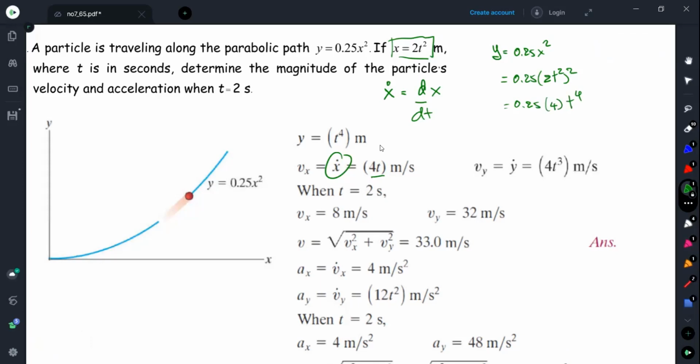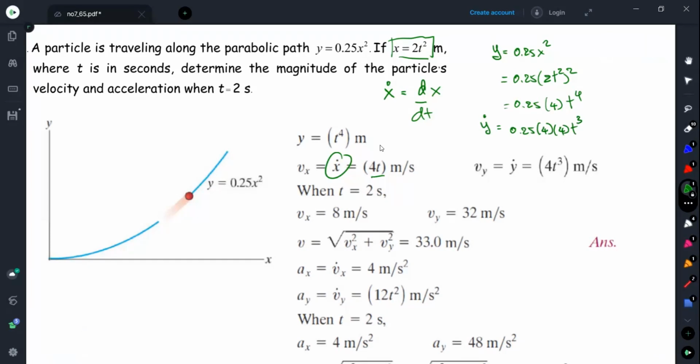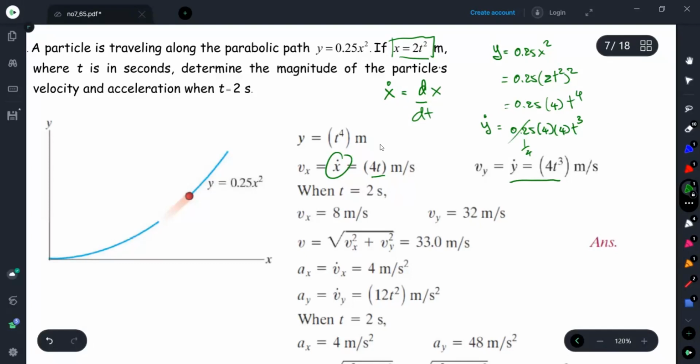When we take the first derivative of this term, we get 0.25 times 4 times 4 and t to the power 3. Actually 0.25 times 4 is 1, so vy becomes 4t cubed.